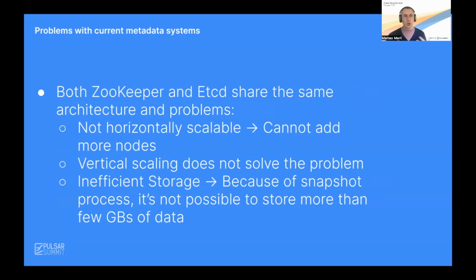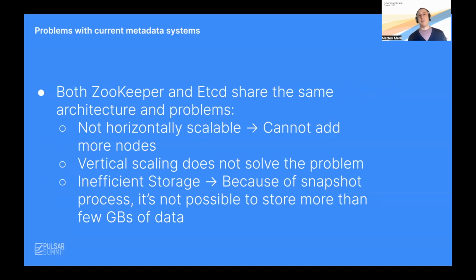If you look at what these systems provide, ZooKeeper and etcd are very similar. They use different consensus algorithms, but the architecture is very, very close. And the common thing is that they're not horizontally scalable.